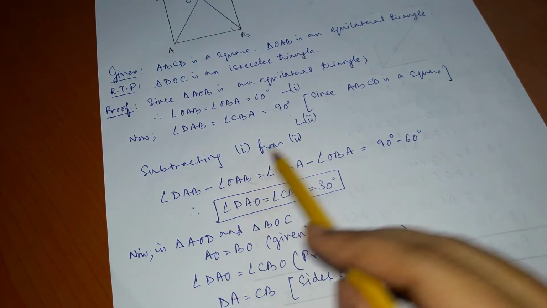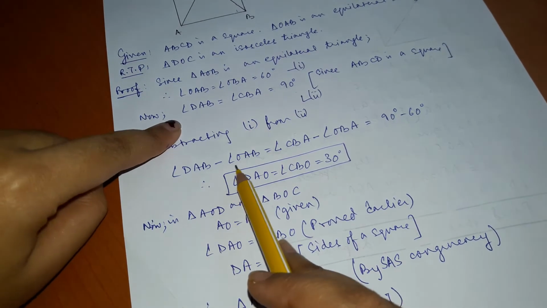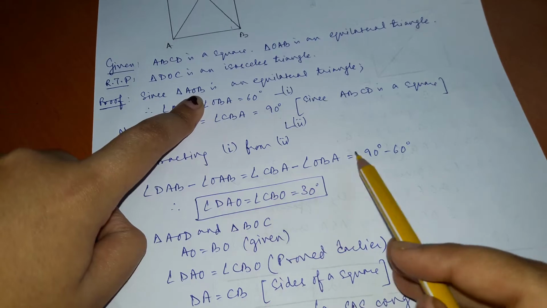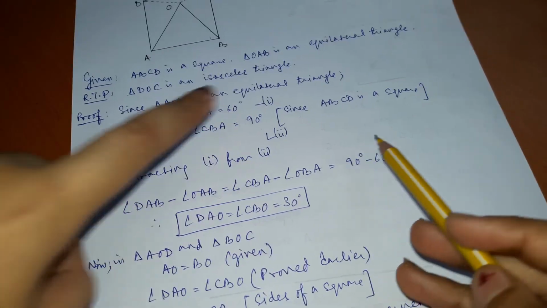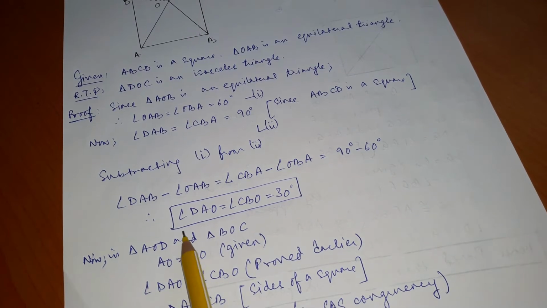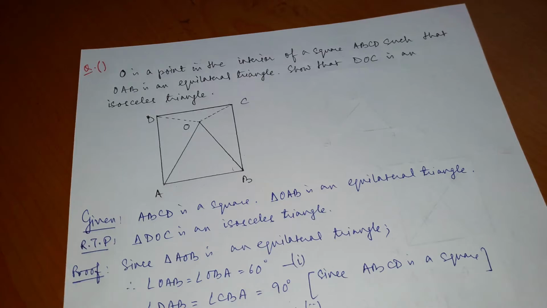Now subtracting equation 1 from equation 2. So angle DAB minus angle OAB equals angle CBA minus angle OBA equals 90 minus 60. So what we are getting? We are simply getting that angle DAO equals angle CBO equals 30. How? देखो DAB.